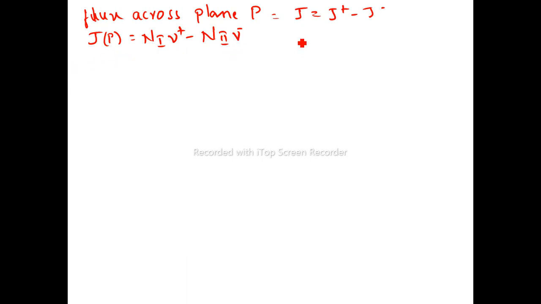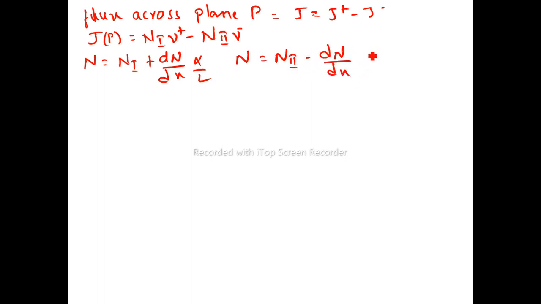Then we know that N1 equals N plus dN into alpha by 2, and N2 equals N minus dN into alpha by 2.